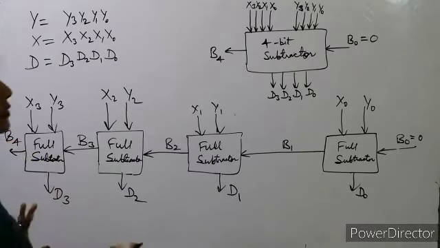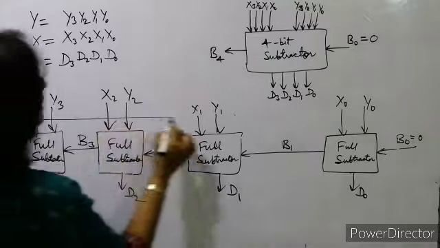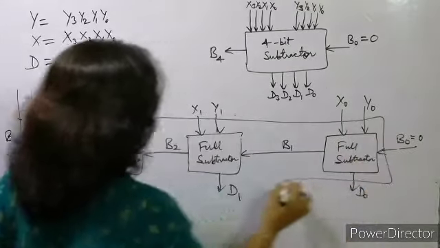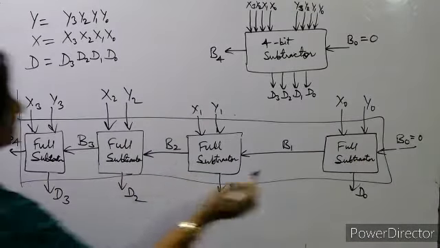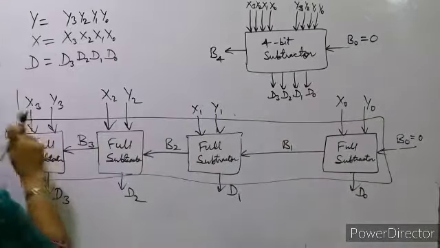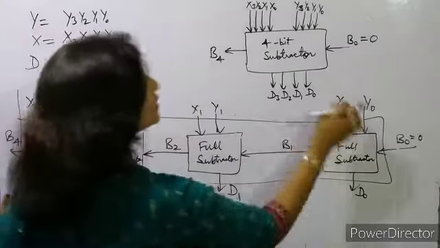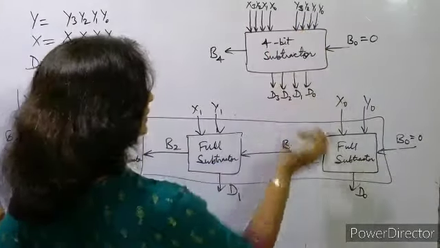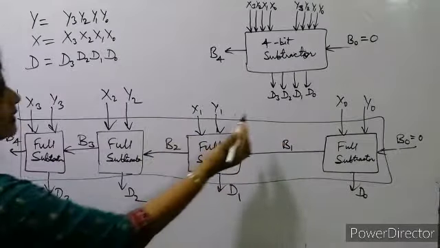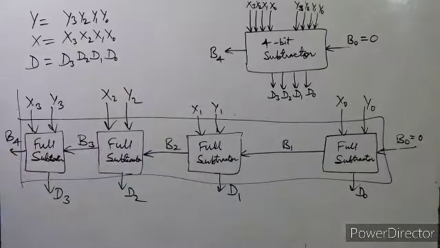So see what is going on, when we consider all of this together, we are giving just b0 here, and the inputs we are getting are x3, x2, x1, x0, y3, y2, y1, y0. So that is what we have written here, and the outputs we are getting are d3, d2, d1, d0 and b4, okay.